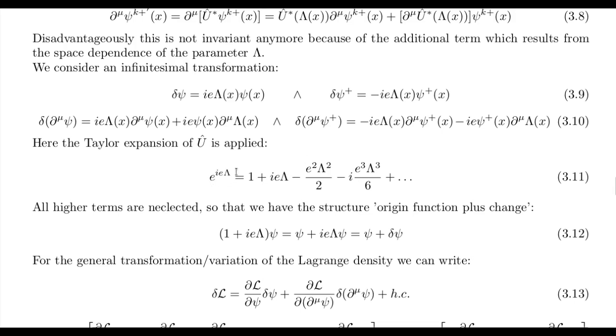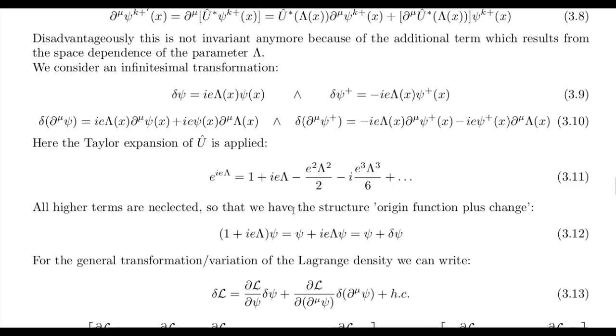If we write here for the unitary operator, e to the power of i lambda, we have then the series, and we only take the first two terms and neglect all the others.